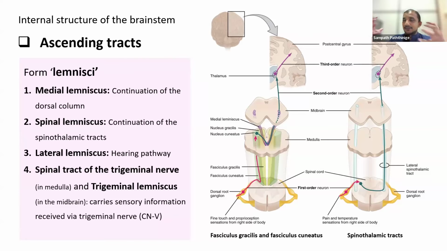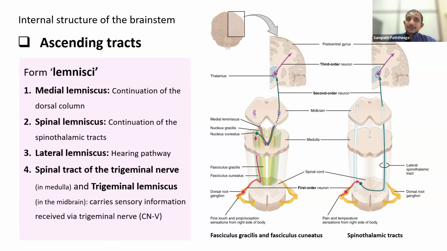The sensory fibers from the head and neck mainly come through the trigeminal nerve, and those fibers also ascend to the cerebral cortex through the brainstem. In the brainstem, these sensory pathways from the head and neck region, especially the facial region, go through the trigeminal lemniscus. So lemnisci are the collections of sensory fibers that you find in the brainstem.